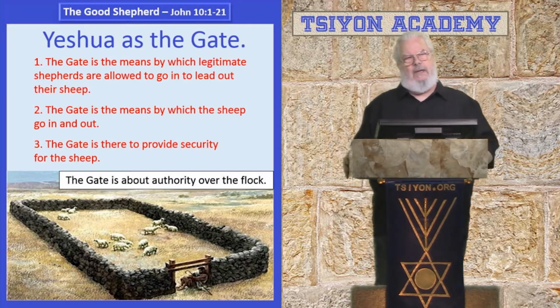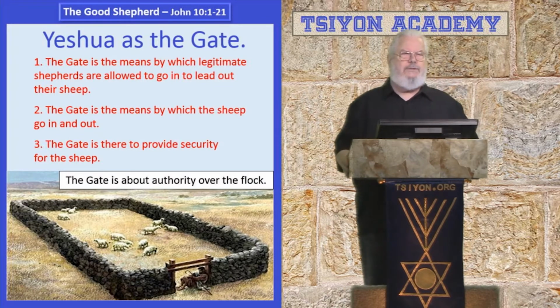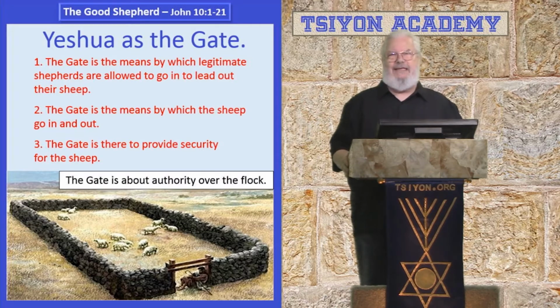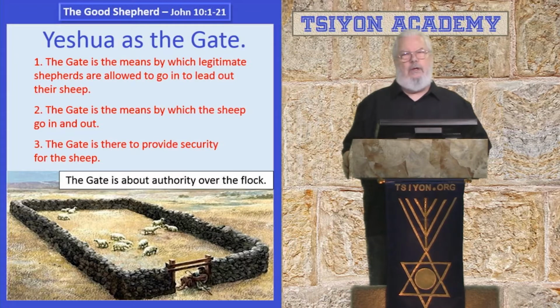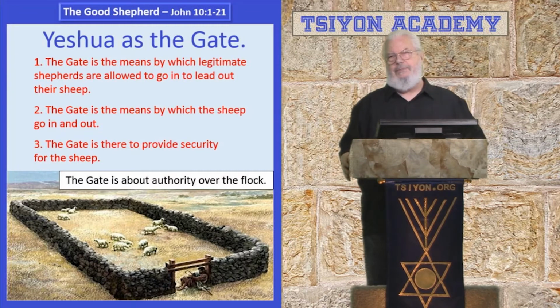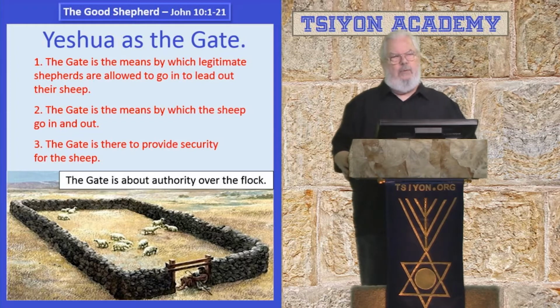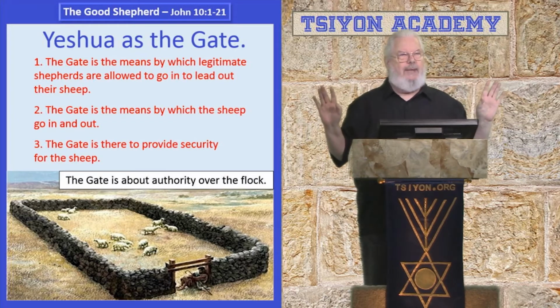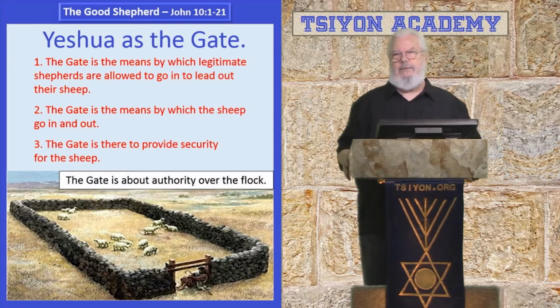The whole purpose was more to keep things out than to keep the sheep in. There wasn't a lot of trouble with the sheep being where they should be, but what the fence was really about is keeping out everything bad and protecting the sheep.